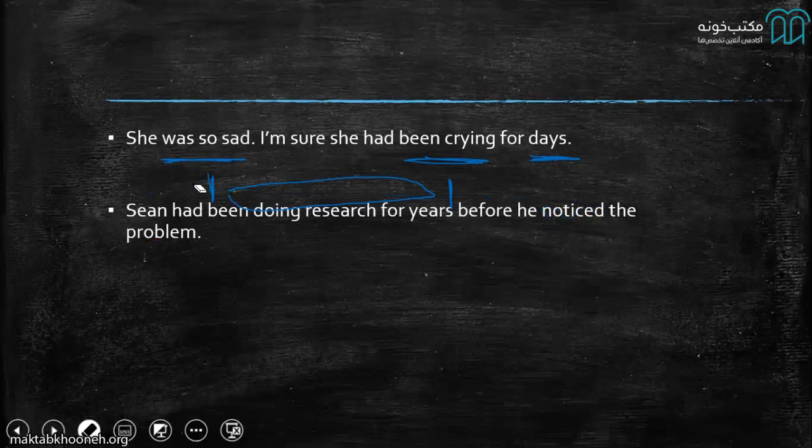All right. And it says, Sean had been doing research for years before he noticed the problem. Same thing. So if I put this on the timeline, Sean had been doing research. He started doing research for many years, and then he noticed the problem. Now, maybe in this sentence, him noticing the problem stopped him from doing the research, but maybe not.